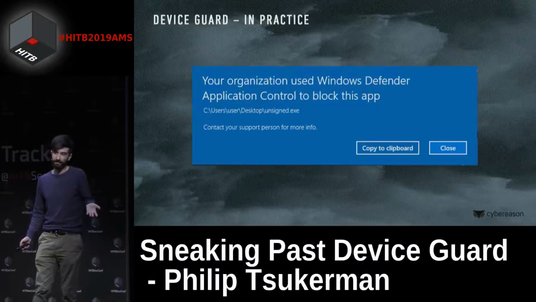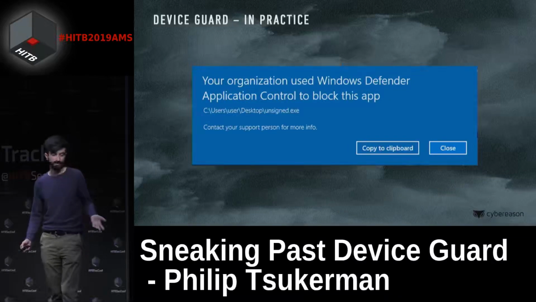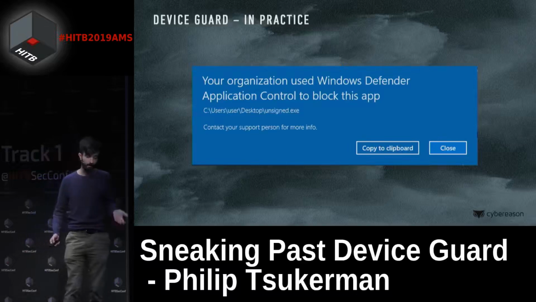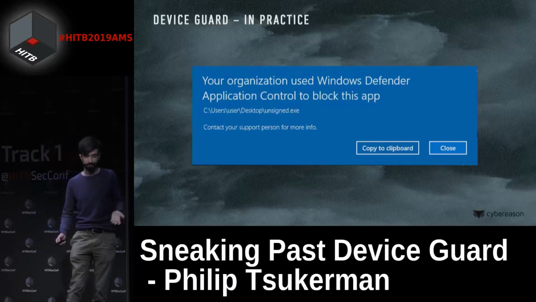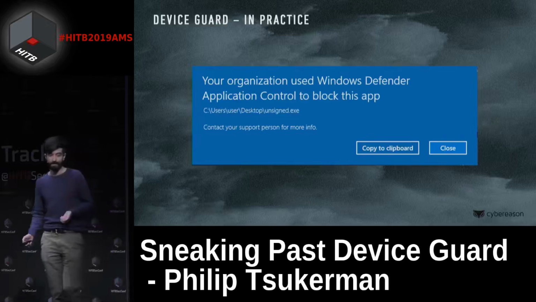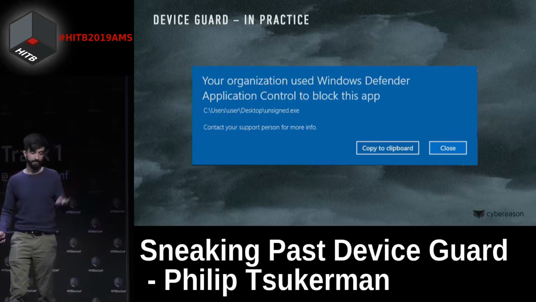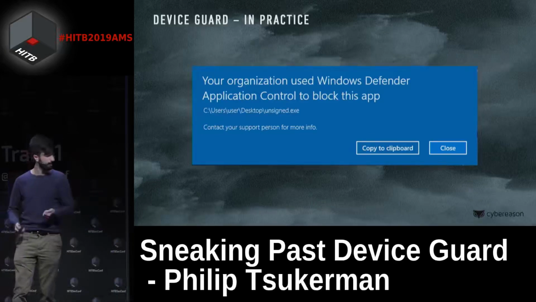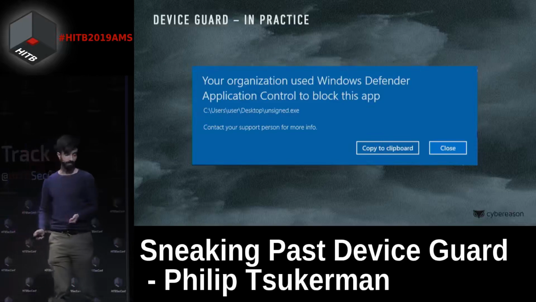So if you try to run something not compliant with a device guard policy on a machine in which it's enabled, you're basically getting this nice blue pop-up which tells you, yeah, you're screwed. Right then.